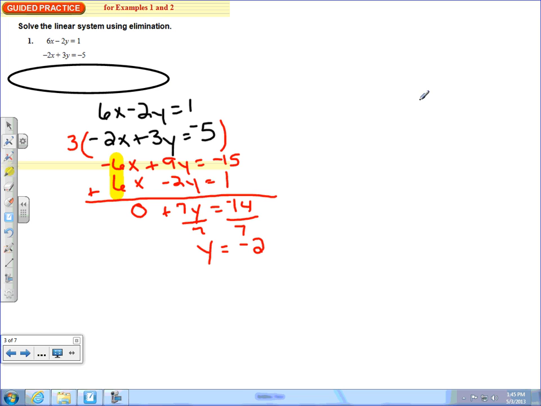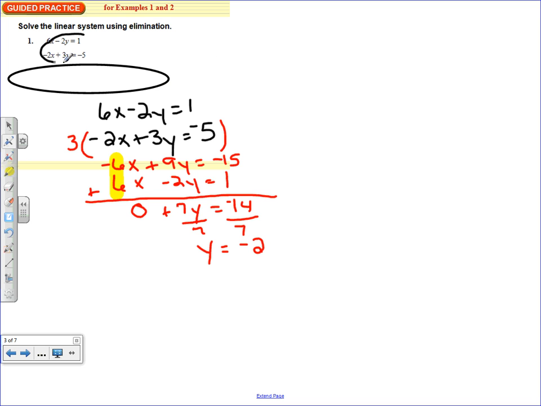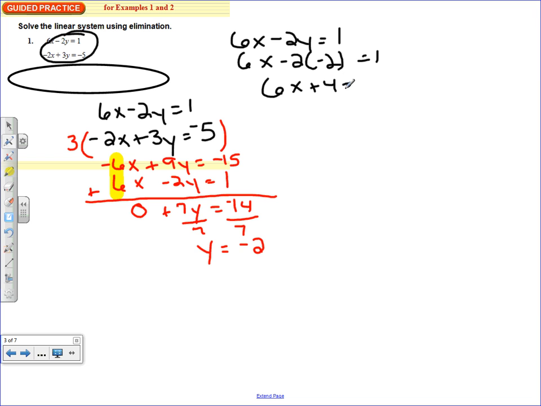We're going to take that back and substitute into either of our original equations. I'm going to work with the first. 6x minus 2y equals 1. Remember, always go back to your original equations. 6x minus 2 times negative 2 equals 1. 6x plus 4 equals 1.